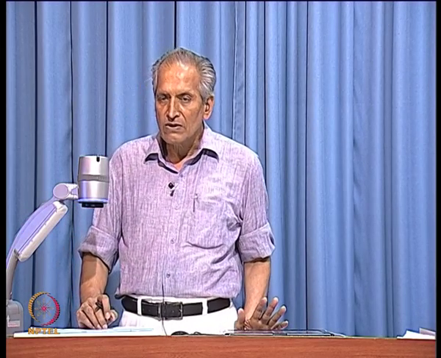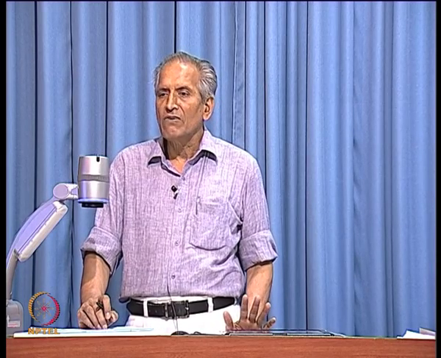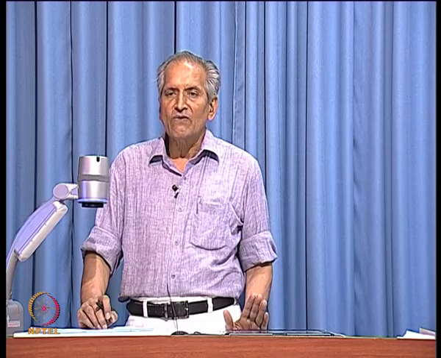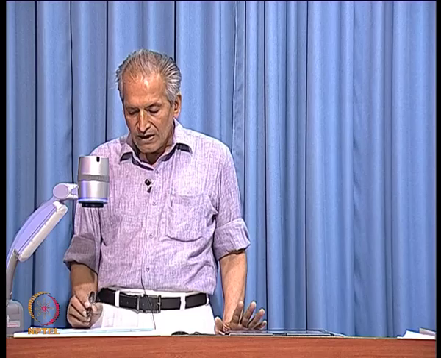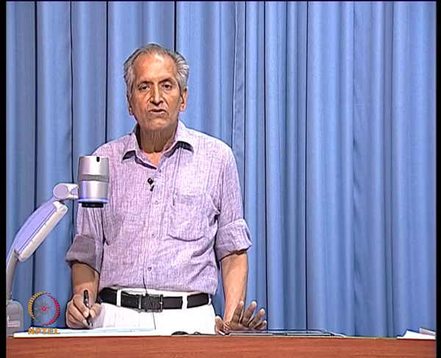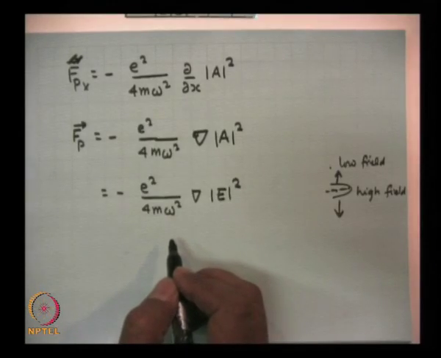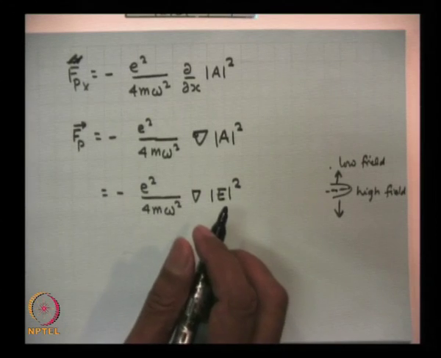So, in our study of the response of plasma to a radio frequency field, we have learnt that the response at low fields can be described in terms of a quantity called plasma conductivity, but when the fields are strong and become time or space dependent, an additional force acts on the particles, which is called the ponderomotive force.